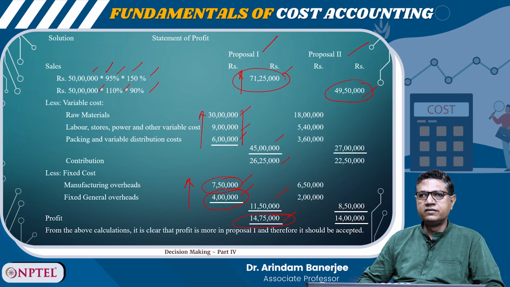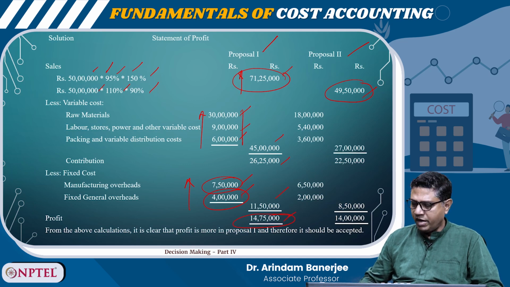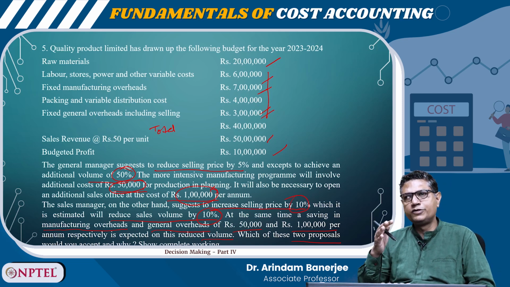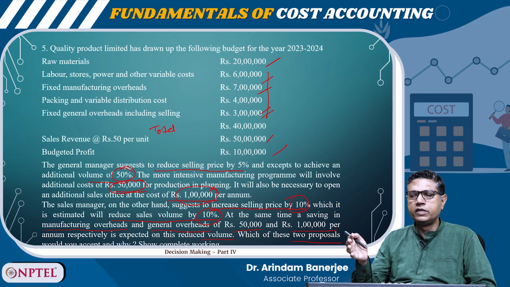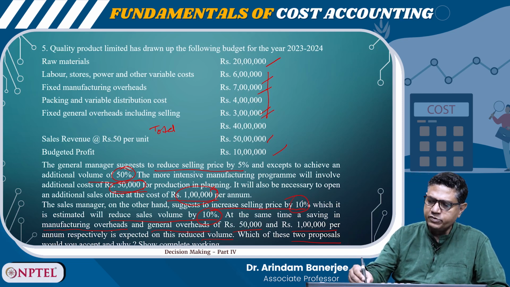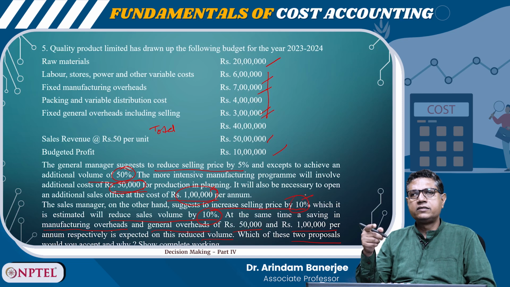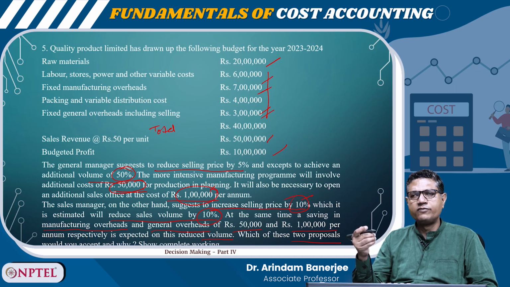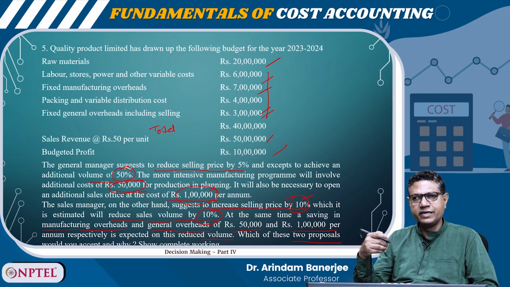Now, this was proposal 1. My proposal 2 was to increase the selling price. The first proposal was to reduce the selling price and the second proposal is to increase the selling price by 10%. Because in this case the product is price sensitive, when I am increasing the selling price, we are expecting that the sale will decrease.